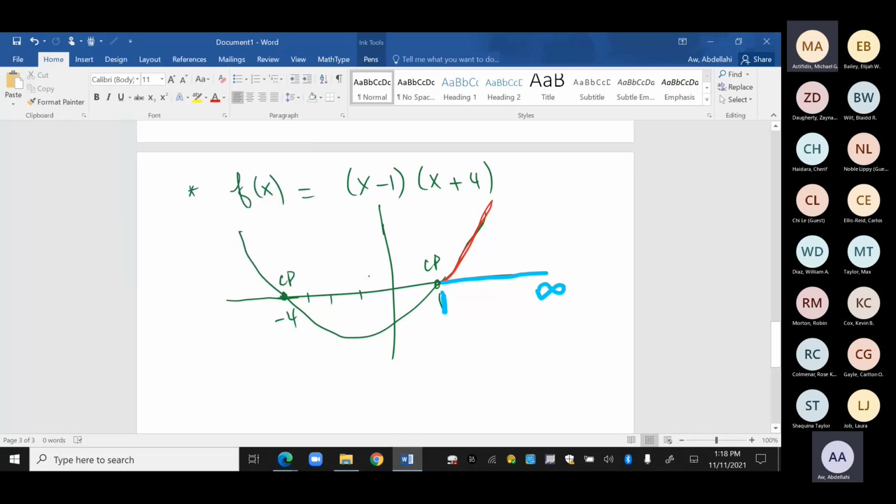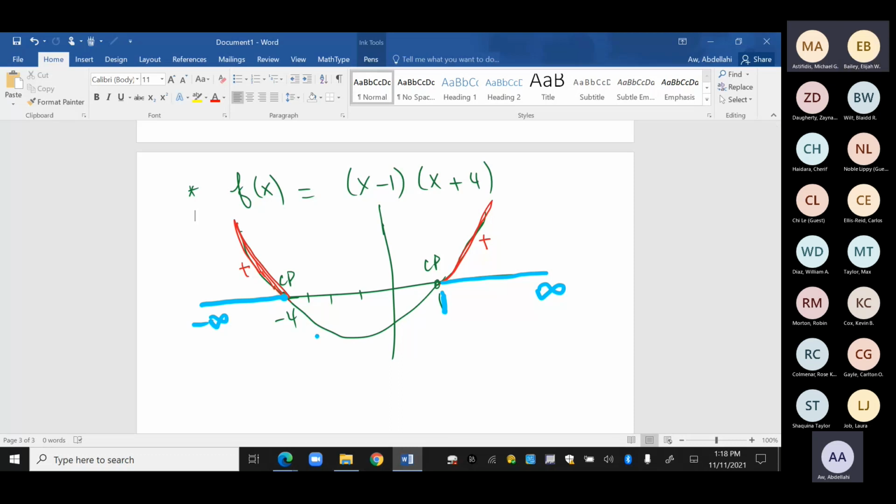But don't forget, this piece is also above the x-axis, which means my function is also positive here. So my function is also positive from negative infinity to -4. Exactly, and then we put the union between them.